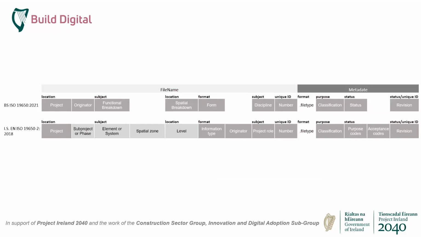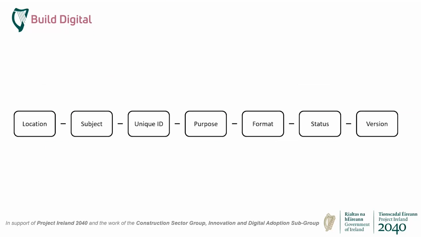Through the comparison you can see that there are a good few areas that are similar, in different locations, but they are aligned. The noticeable difference is that some of the words are different for discipline and project role, and I think they slightly mean a different thing, and form and information type also slightly mean a different thing. So there are some differences, but in general there is a lot of commonality as well.